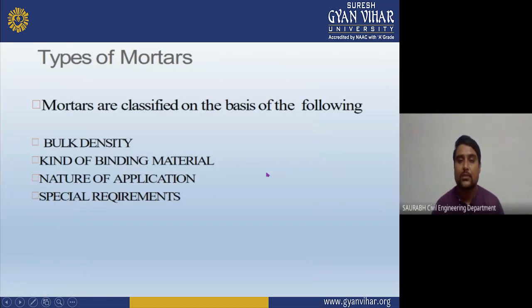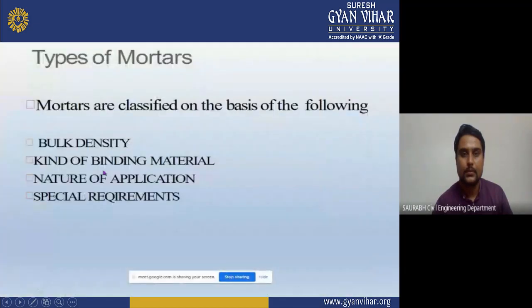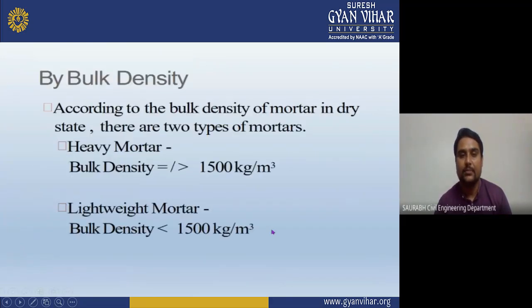Mortar is classified on the basis of the following. First one is bulk density, kind of binding material, nature of application, and special requirement.